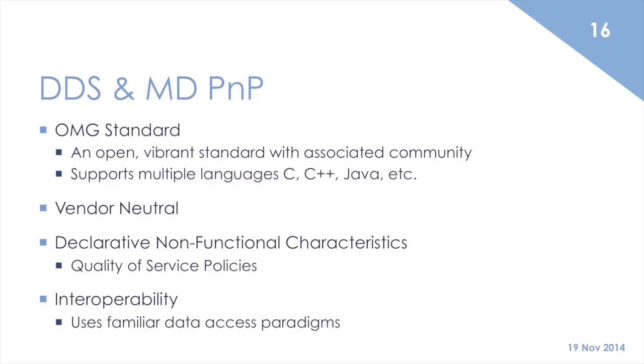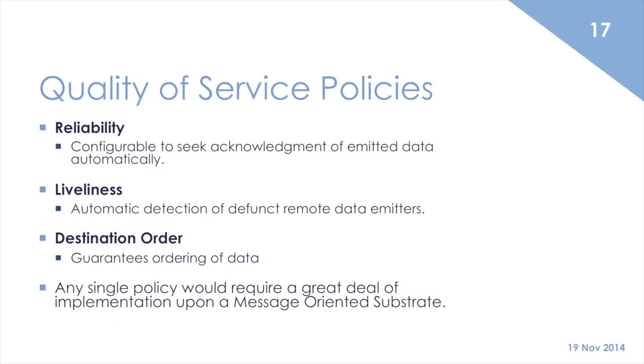Another feature of DDS that we find incredibly useful is the declarative non-functional characteristics. These are known as quality of service policies in DDS. So as you've seen in a previous slide, DDS presents a common data model to every participant in the system by exchanging messages.